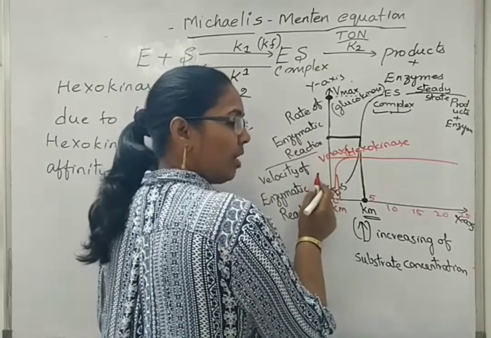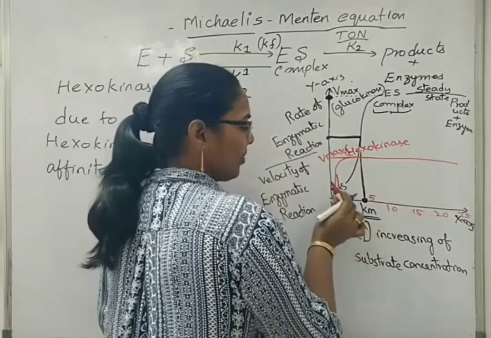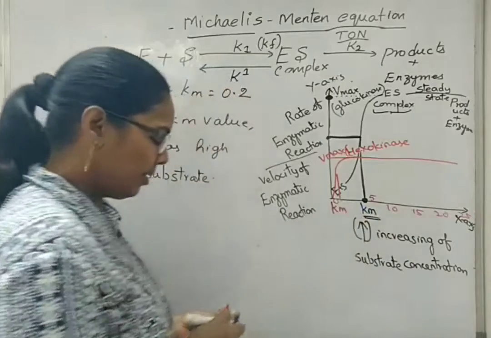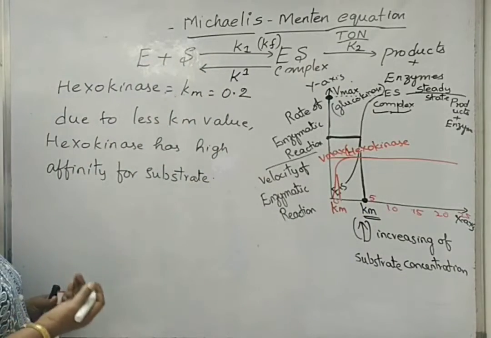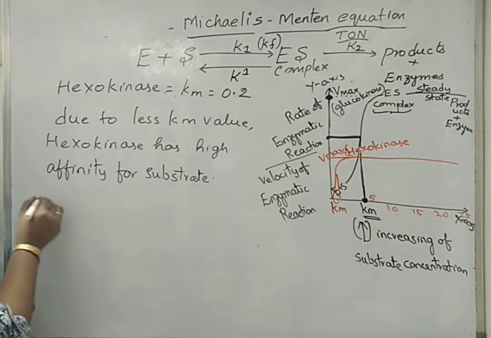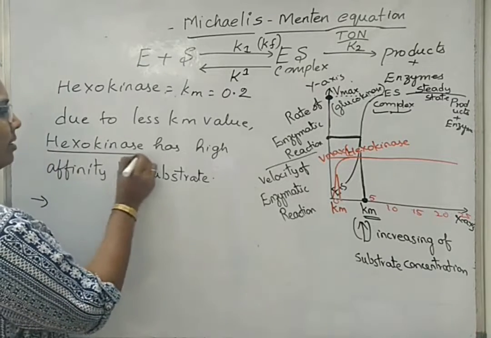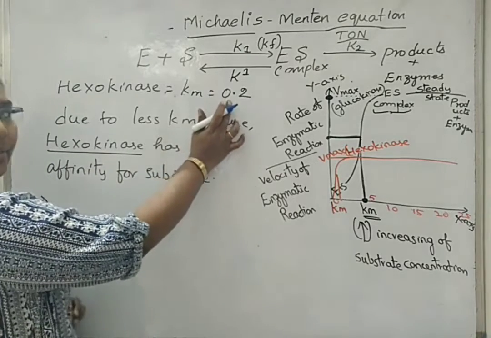With how much speed is the reaction going on? In case of hexokinase, the Km value is very near to the 0 point. So it can be 0.2 or 0.3, but the already calculated Km value of hexokinase is 0.2. So hexokinase is having high affinity for substrate because it is having less value.